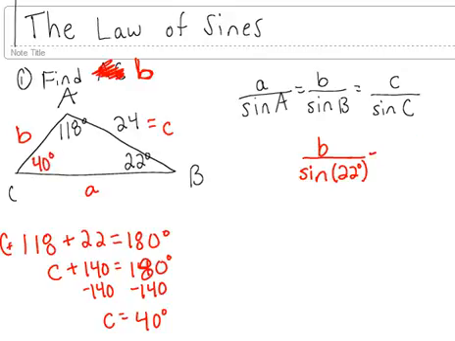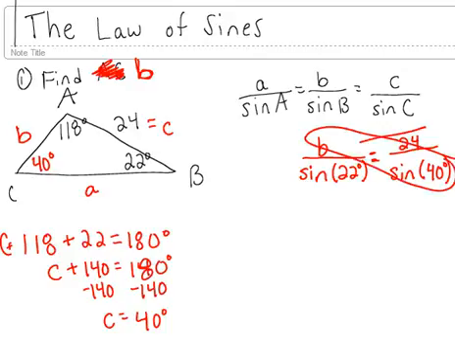So now I know that I'm going to use the C portion over here. Little c is 24, and angle C is 40 degrees. So now I have a proportion. How do I solve a proportion? Cross multiply. Very good.